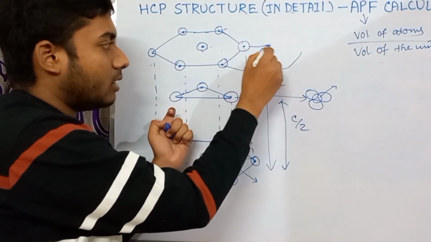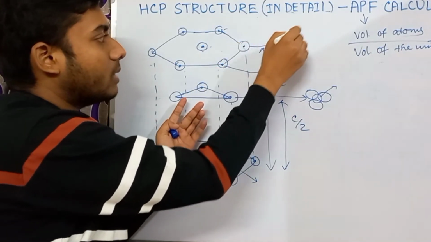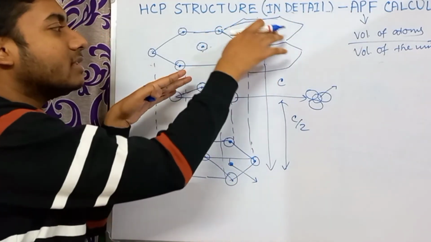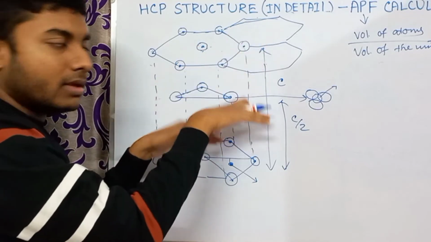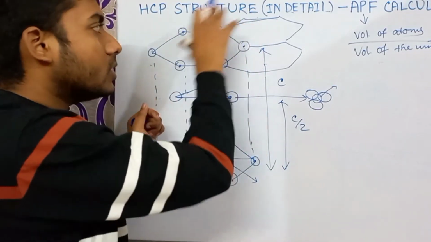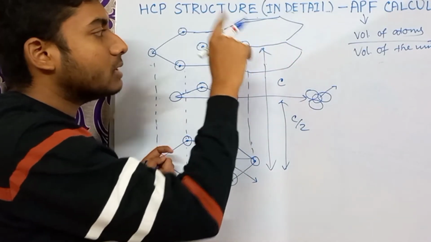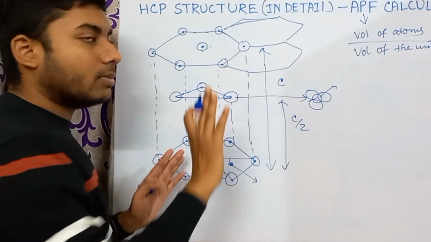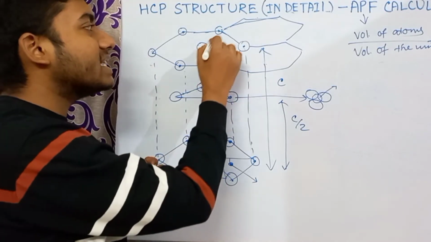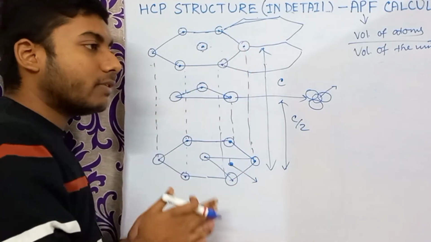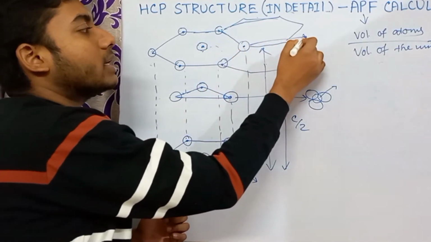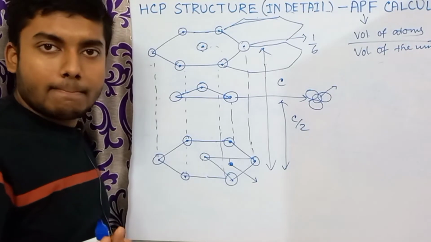Here will be one unit cell, and here another, and this is 3 down the plane, and above the plane there will be 3 more. So the total number of unit cells will be 6 to cover this atom completely. So the contribution of this atom to each unit cell will be 1 by 6. Clear?